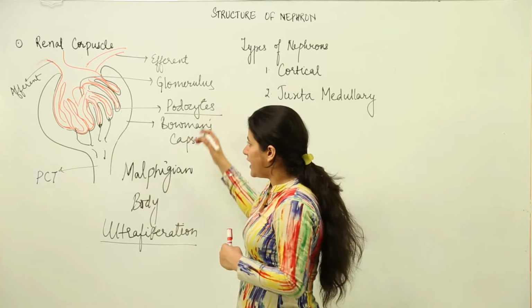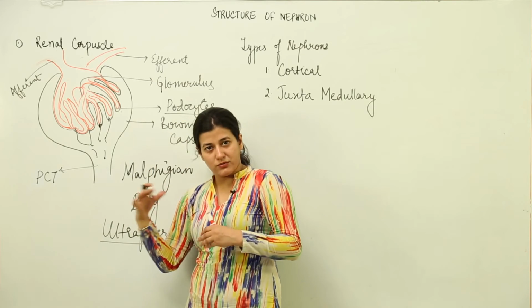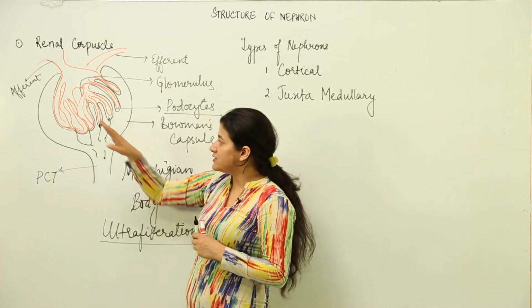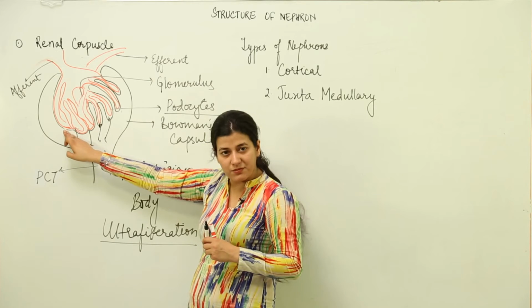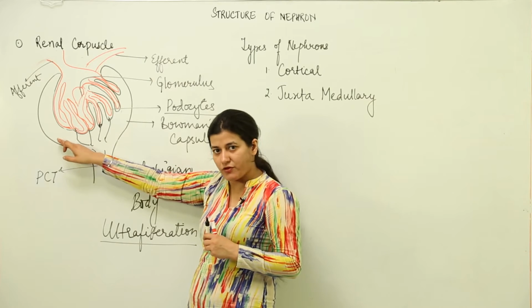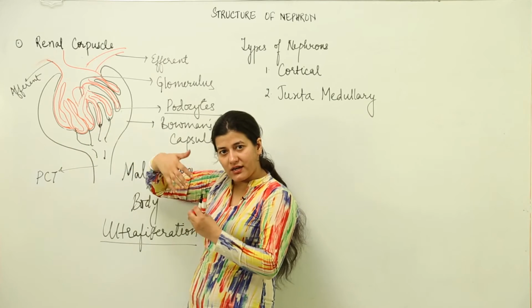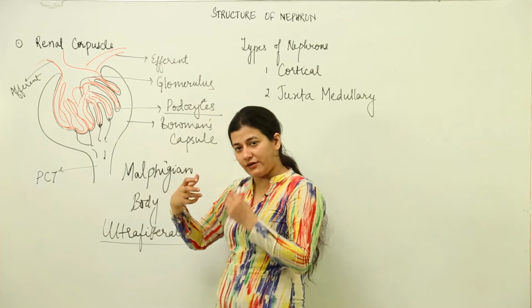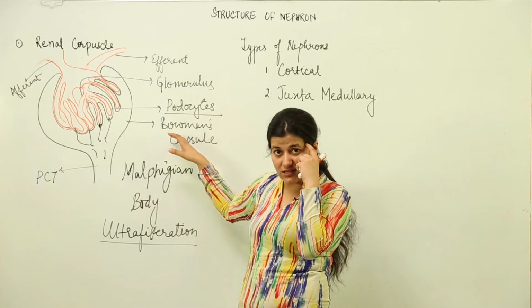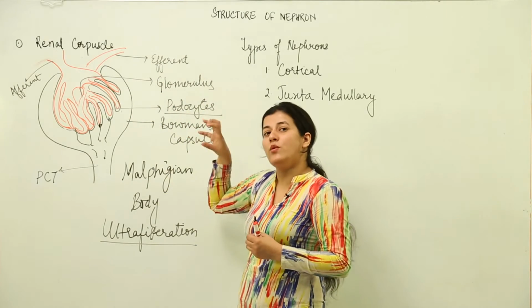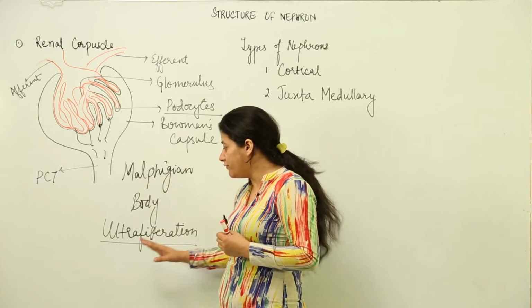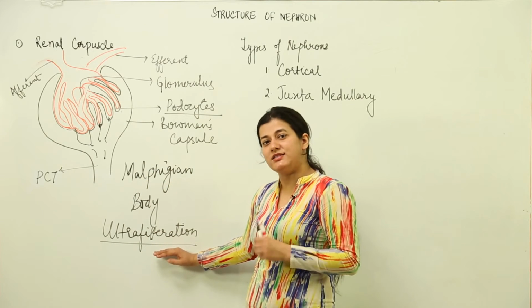It's a similar way as we see in all the epitheliums where diffusion takes place. There is a thin squamous epithelium of the capillary system, then a basement membrane, and then the epithelium of the Bowman's capsule, and in between there are invaginations formed due to the tuft of capillaries, and slits are formed, known as podocytes. So basically this is all about the renal corpuscle, and it is important because it is the site of ultrafiltration that takes place inside a nephron.